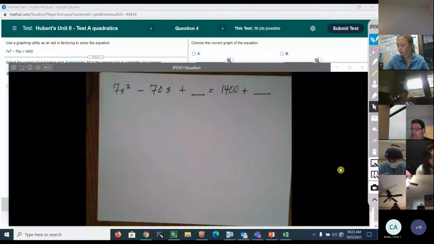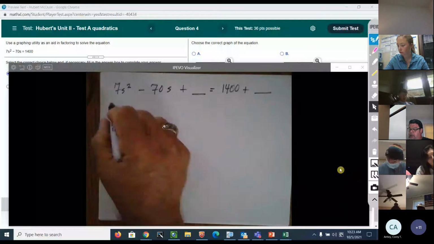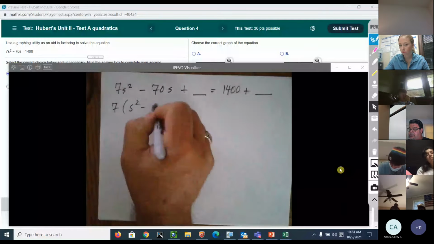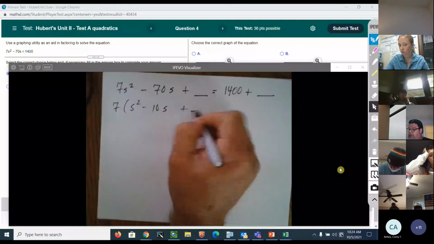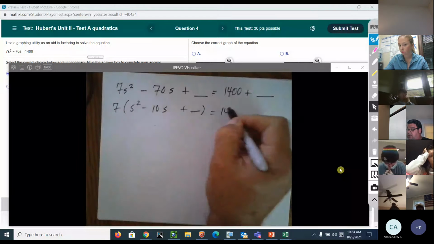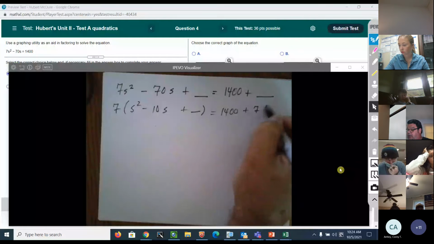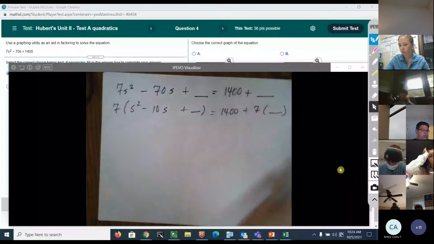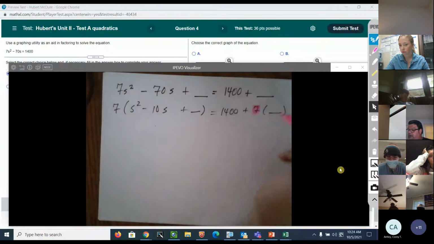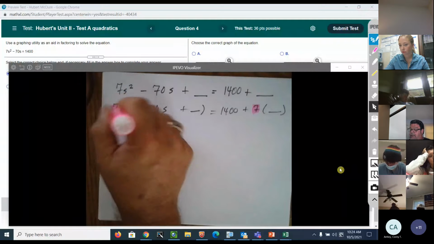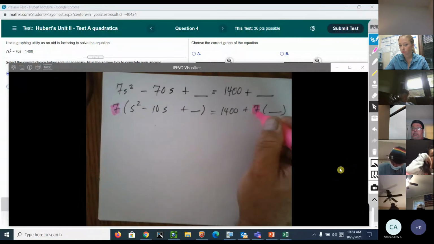So factor out a 7. That's going to leave s squared minus 10s plus blank is equal to 1400 plus 7 times blank. And yes, I'm going to get my highlighter out because that 7 is factored out right here. I have to make sure I multiply it by that blank.